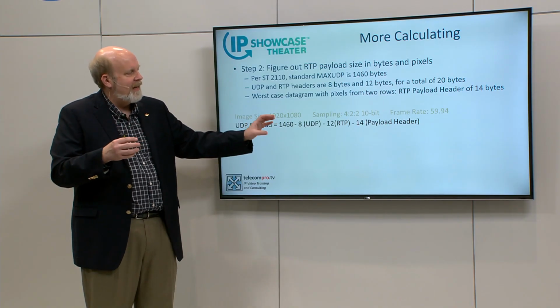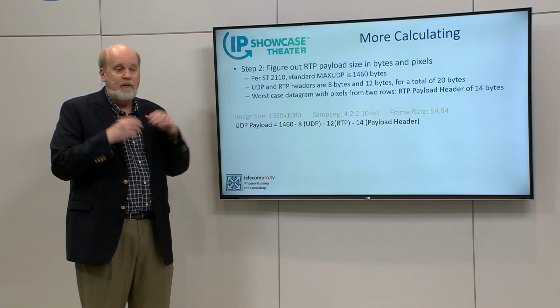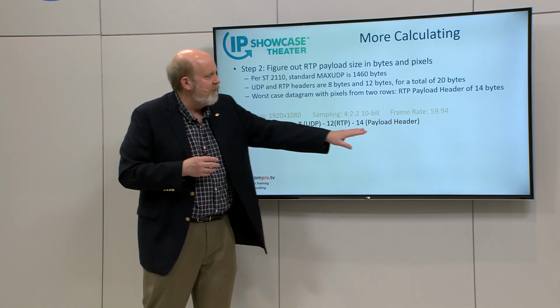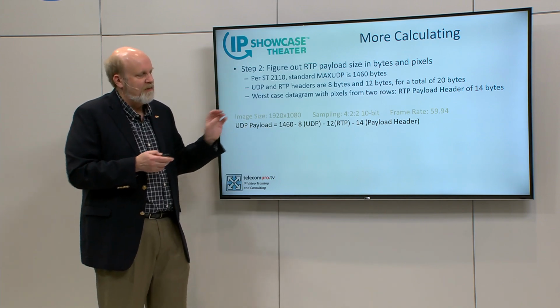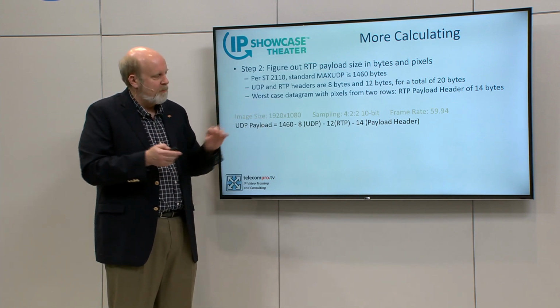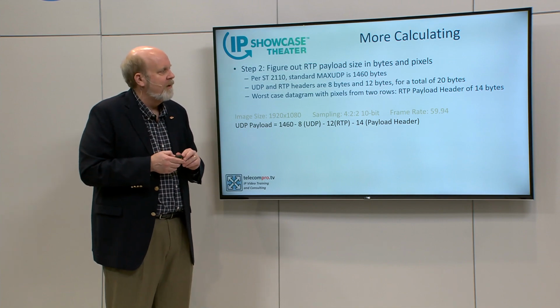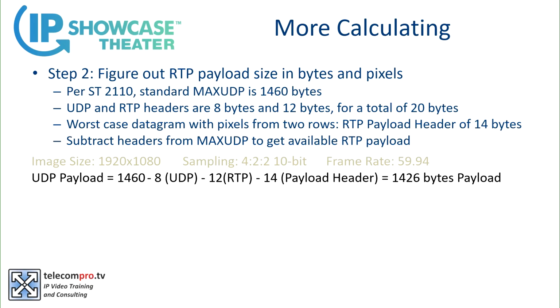This is going to handle the case where we have samples from 2 different rows. So this is conservative. Our number that we calculate here will be off by about 0.2% from the actual true measured speed, but it's going to give us a very accurate way of measuring things. So that means I've got a payload of 1,426 bytes available once I've taken the 1460 and subtracted everything.